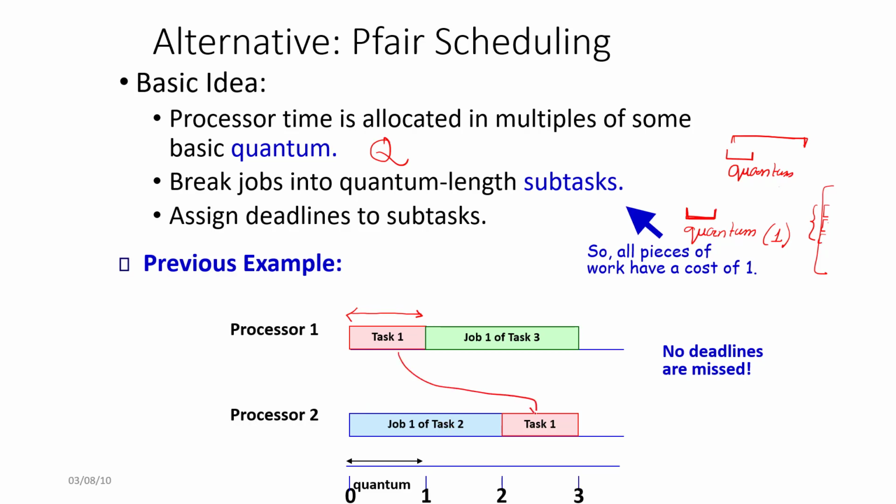Then we do a migration, because this is where the blue job finishes, and the green job can begin from here. So as you can see, because we have split tasks into subtasks, were able to dynamically migrate, and furthermore are able to assign deadlines to subtasks, once it finished within its deadline, the rest of the portion of the task that was left, we were able to migrate it. You can see that no deadlines are missed in this example.